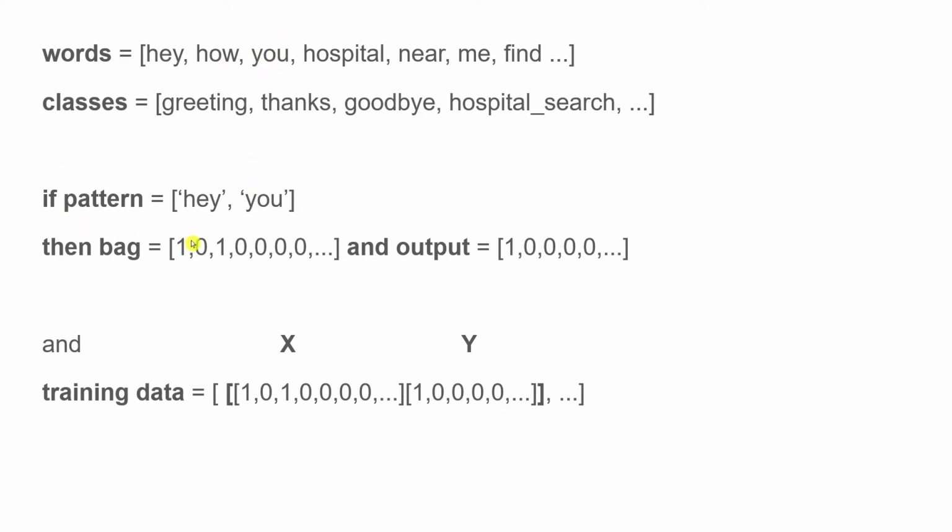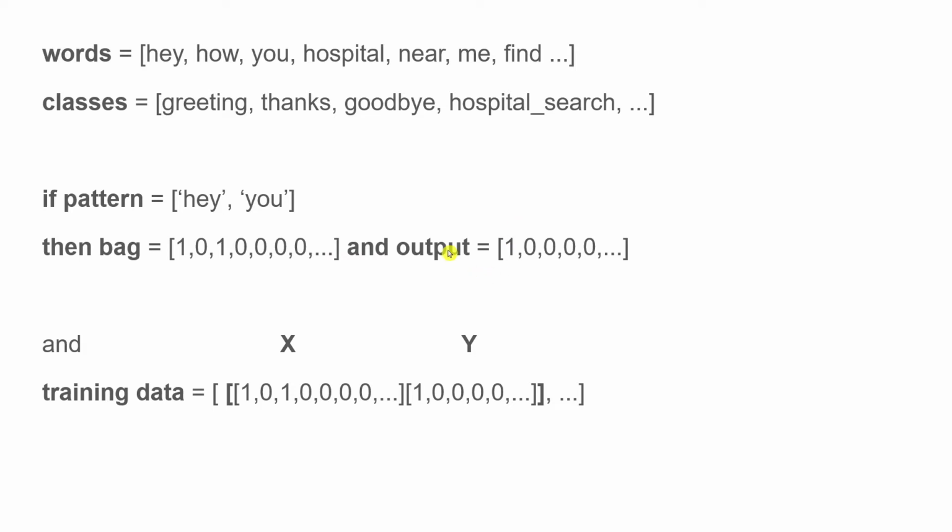So this bag is actually our words in 1 or 0 form. Only the words that are in our pattern are 1. So hey becomes 1, how becomes 0, you becomes 1 because you is in our pattern, hospital becomes 0, near becomes 0, and all the rest are 0 because definitely they are not in our pattern.